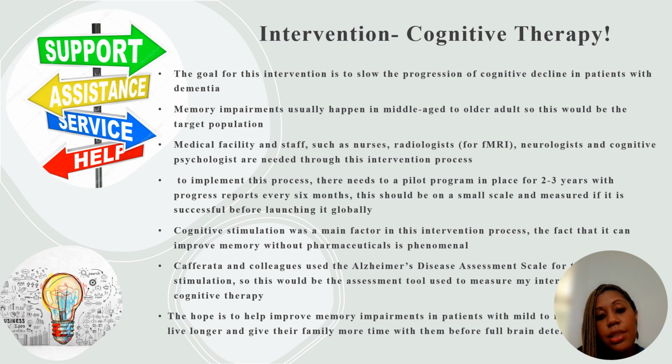Medical facilities and staff, such as nurses, radiologists, because you need them to run the fMRIs in order to scan brain function, cognitive function, and neurologists who can read those radiology reports, and then cognitive psychologists who can also give us information from a psychological standpoint of whether or not the intervention is working. So we need those people for the assessment process.